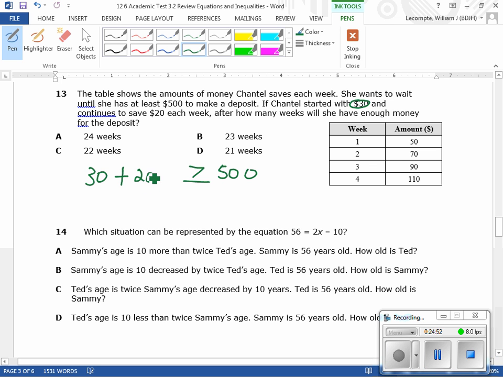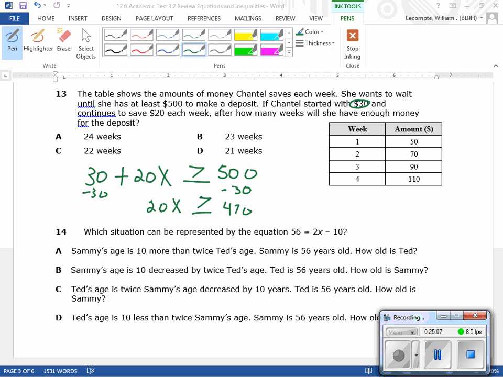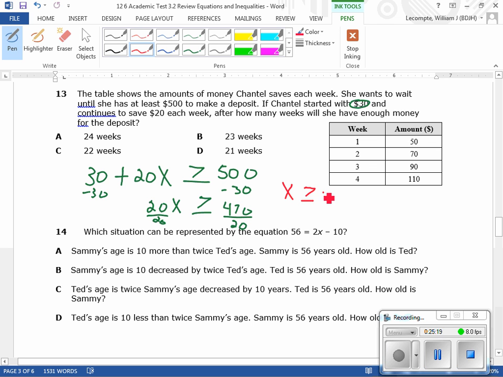So 20x is greater than or equal to 470. So I'm going to take both sides and divide by 20, and I get x is greater than or equal to 23.5. So if we work 23 weeks, we won't make enough money, so I want to work 24 weeks. So my answer would be A.